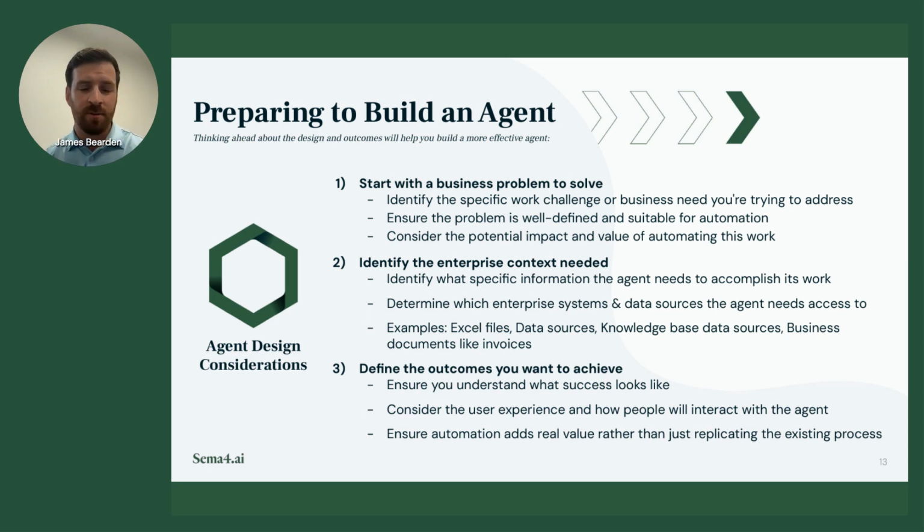Don't just jump right in with your first idea. Our customers that have had the most success are ones that have built a backlog of use cases and really taken the time to think through which of those use cases is the highest value. How much work am I able to automate for how many people, and what's the ROI on that?